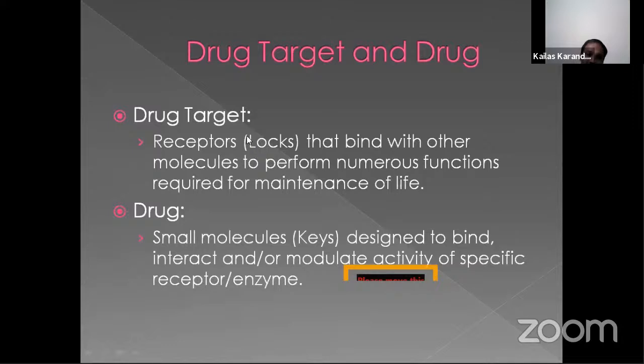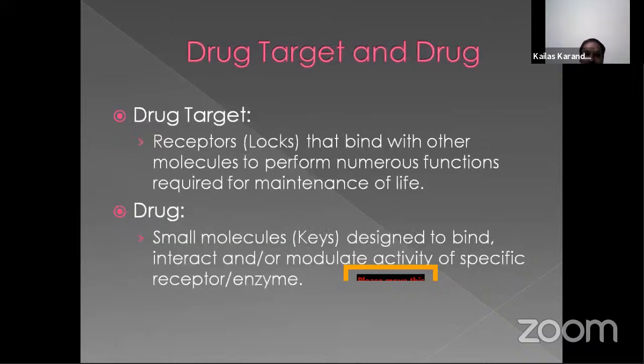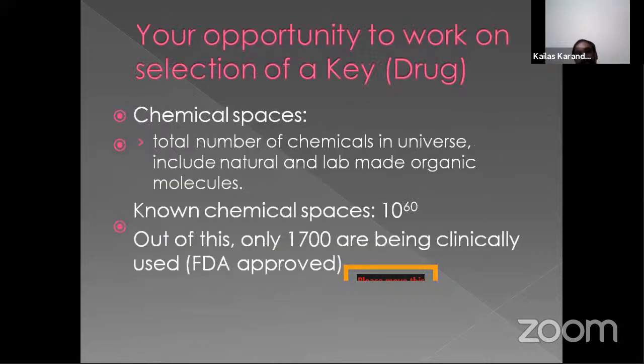So these are the fixed ones. But as far as the drugs are concerned, you can get an idea about the selection of the drug from this particular slide, where there is a tremendous opportunity to work upon.